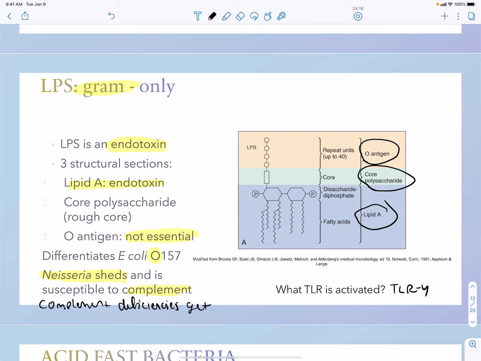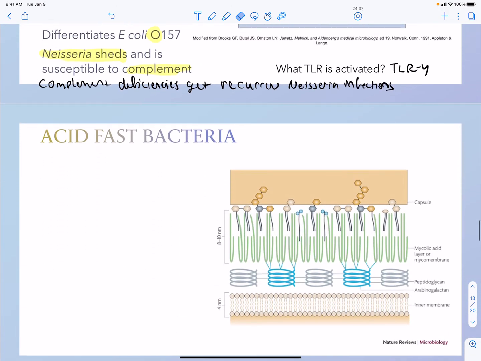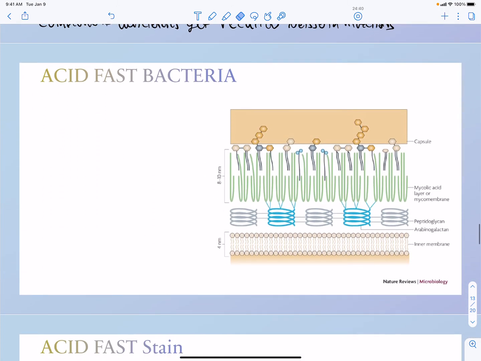So they get recurrent Neisseria infections. And that's because complement is so important in punching holes in the bacterial cell that if you lack complement, the bacterium is able to divide. We also have acid-fast bacteria, and this is our mycobacterium.